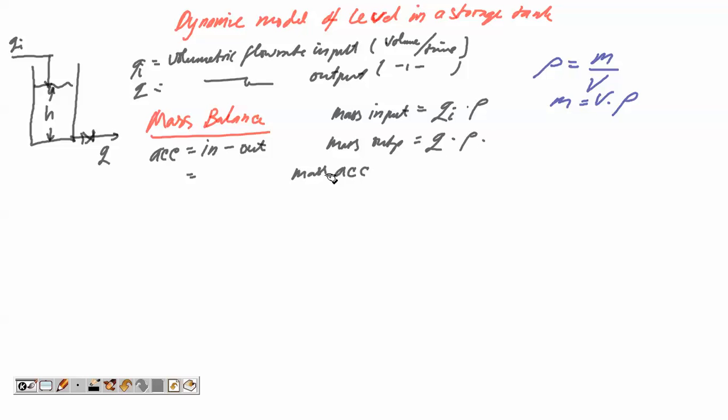The mass accumulation is volume times rho, or rho times volume.